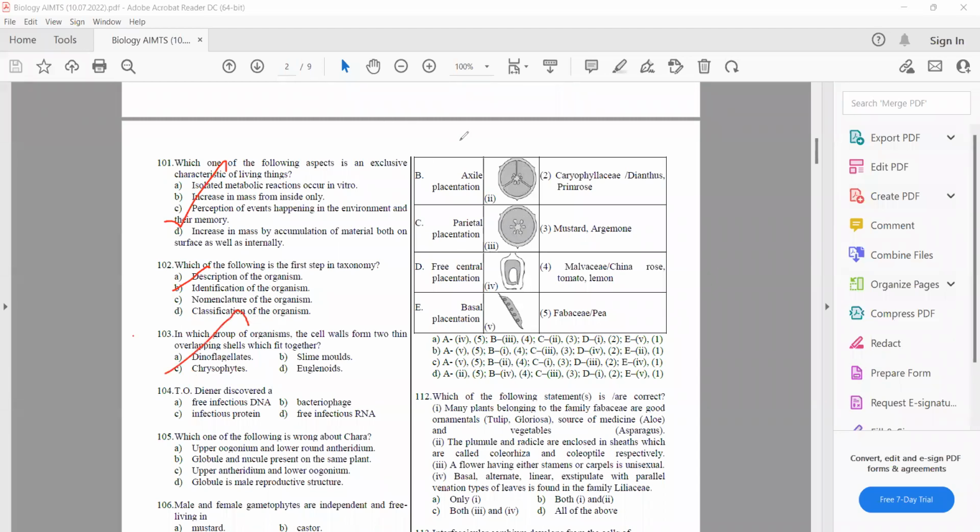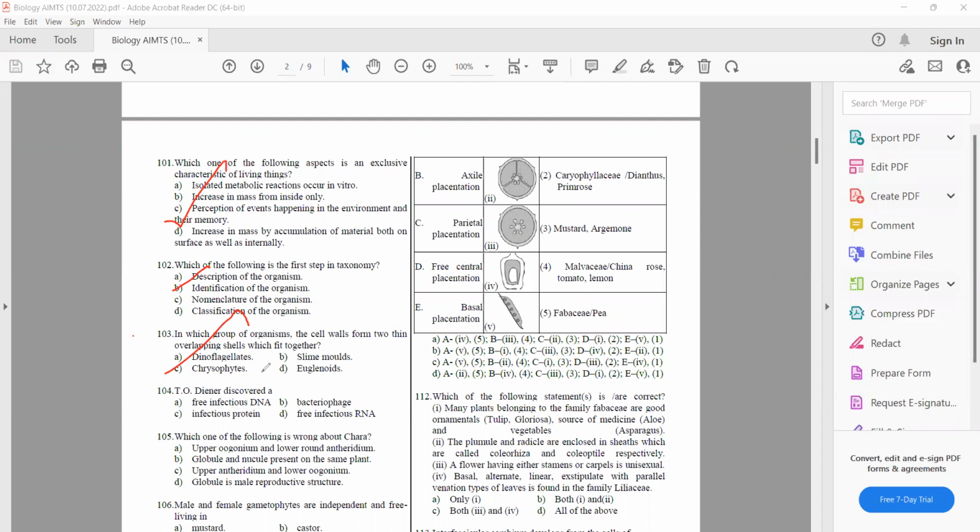Chrysophytes include diatoms and desmids, right? We call them golden algae. It is exactly like two overlapping shells that fit together, like a soap box, which you can see especially in the chrysophytes.